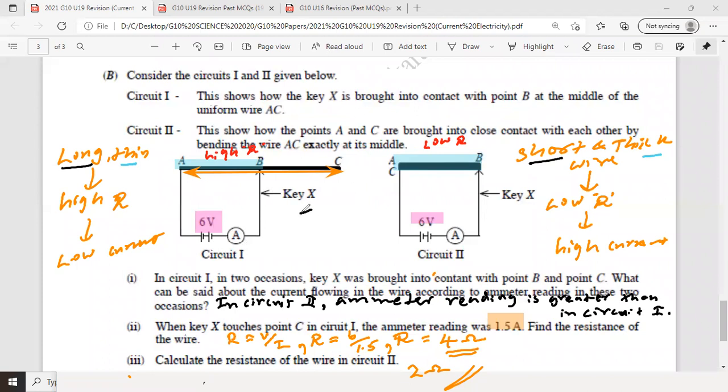Here they have given you bent it from the middle. But if you use the same type of wire with greater thickness, then that also matters.